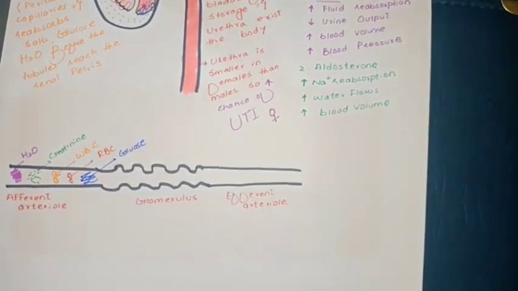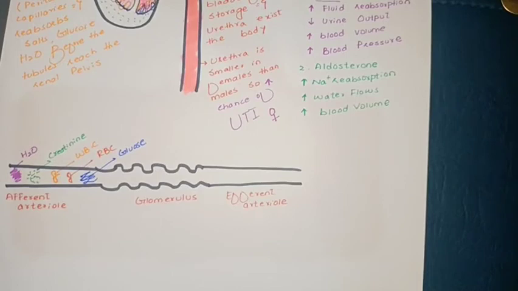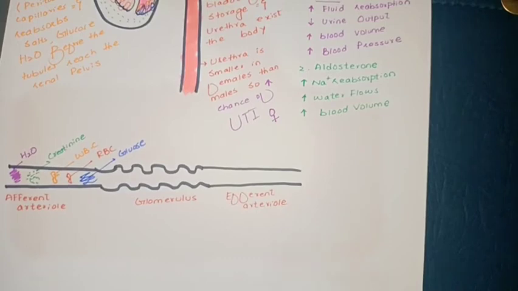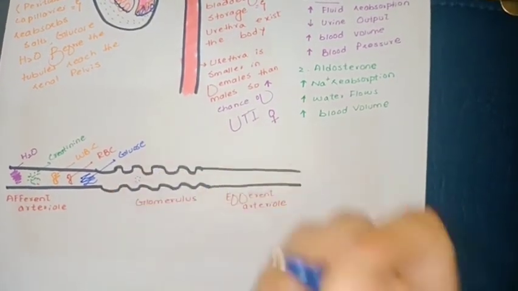These are some structures which are present in the afferent arteriole. Let's say the glucose, white blood cells, RBCs come in the afferent arteriole, then come in the glomerulus. A bit of these things come in the glomerulus.